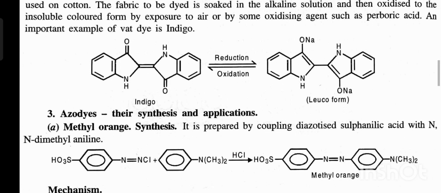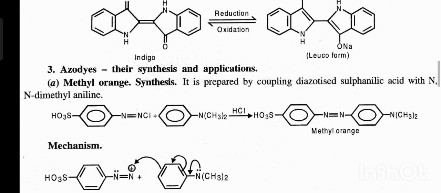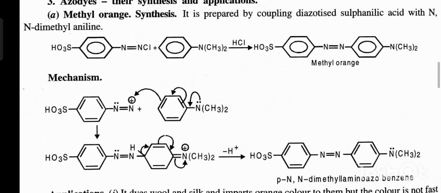Third, azo dyes, their synthesis and application. First, methyl orange synthesis. It is prepared by coupling diazotized sulfanilic acid with N,N-dimethyl aniline. The mechanism is given in the figure.